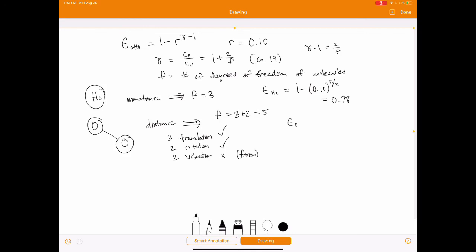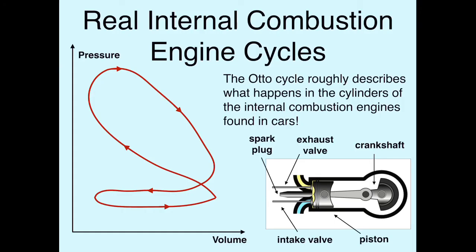Now, if we were to use oxygen, O2, then we would have 1 minus 0.1 to the 2 over F, that would be 2 over 5, which would come out to 0.6. So again, if we're strictly speaking about efficiency, it would be helium that wins out. But again, you wouldn't really want to use that as a fuel because helium doesn't react well, it doesn't combust. So strictly speaking, this only wins out in terms of efficiency. Okay, so the last thing I want to go over is what a real internal combustion engine cycle looks like.